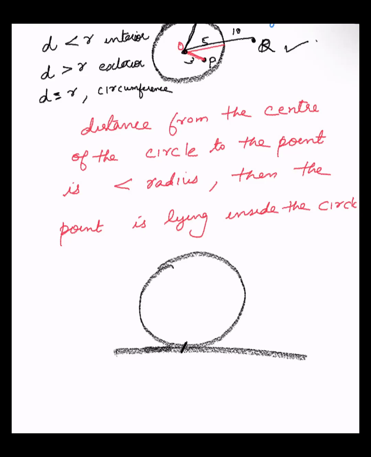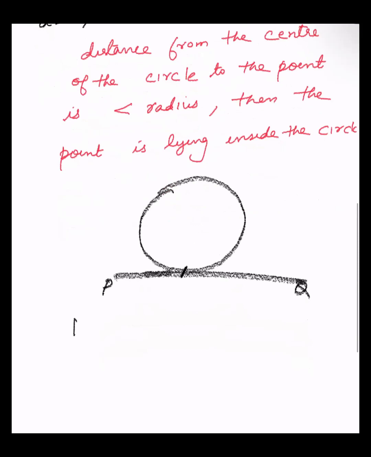Okay, so I'm drawing a straight line. Say PQ is a straight line that just touches the circle. When this is just touching the circle, this line PQ is called a tangent.